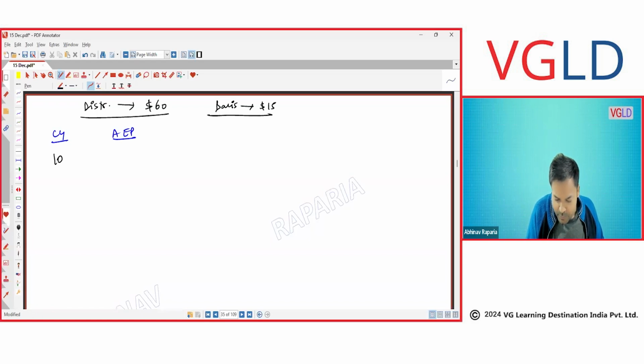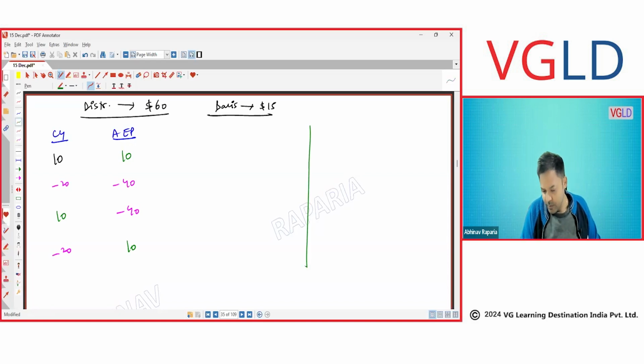Minus 20, minus 40. 10, minus 40. Minus 20, and 10. Please tell me capital gains in all the four scenarios. Try, guys.